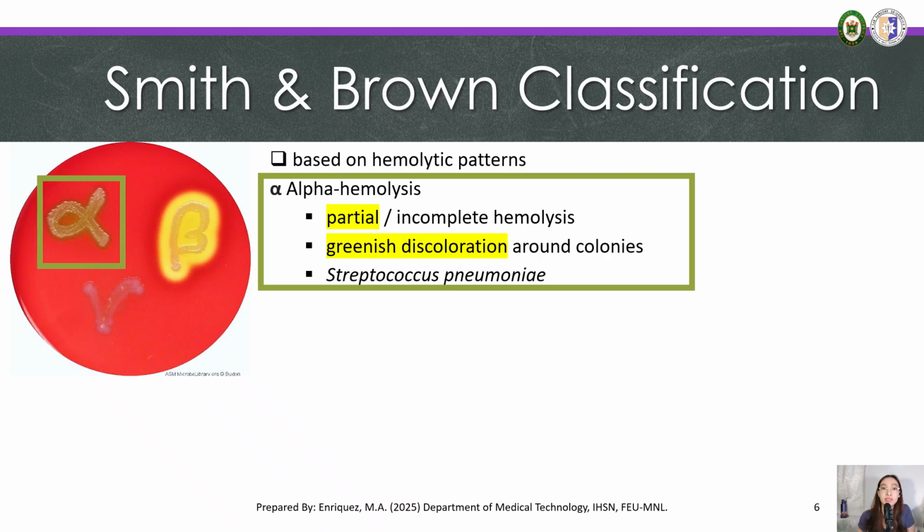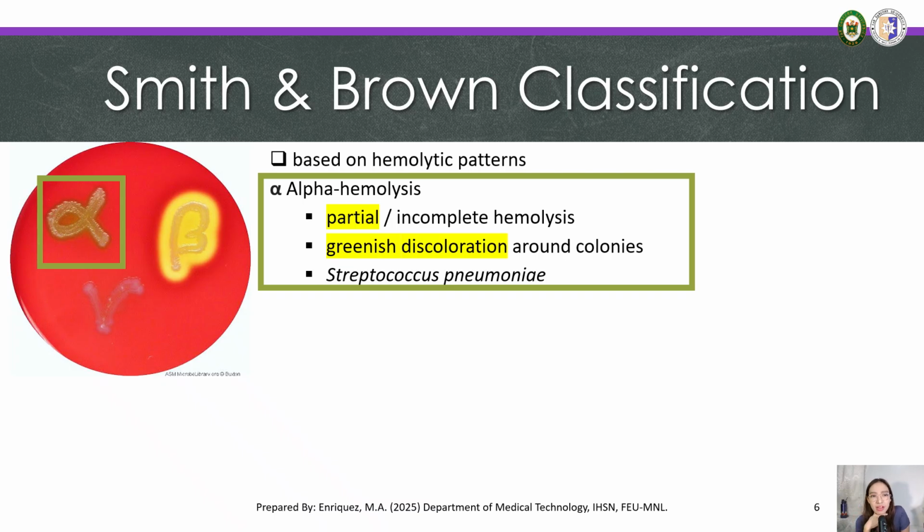So the most well-known example of an alpha hemolytic streptococcus species is Streptococcus pneumoniae, as we can see right here in this example. So nakikita natin dun sa loob nung green na marker or green na box, 'di ba? The colonies around them, or sa immediate surrounding nila or very close to the colonies.